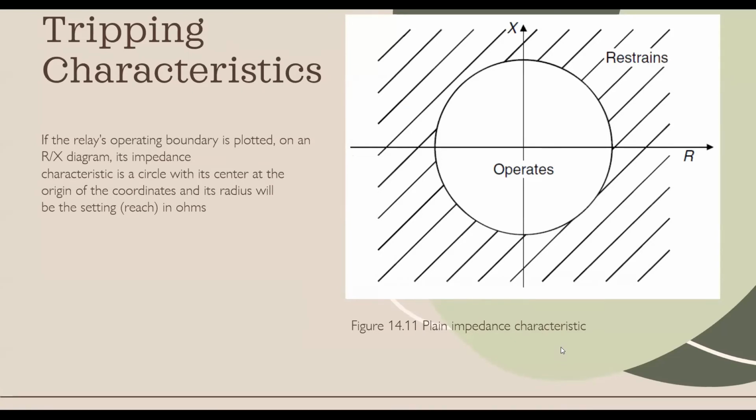Tripping characteristics of distance relays. If the relay's operating boundary is plotted on the resistance and reactance diagram, its impedance characteristic is a circle with its center at the origin of the coordinates, and its radius will be the setting or the reach in ohms.